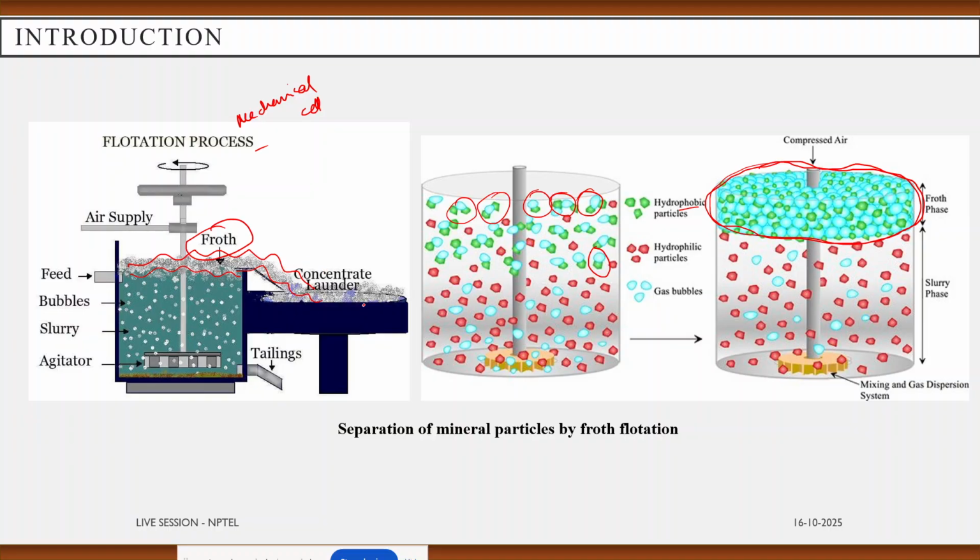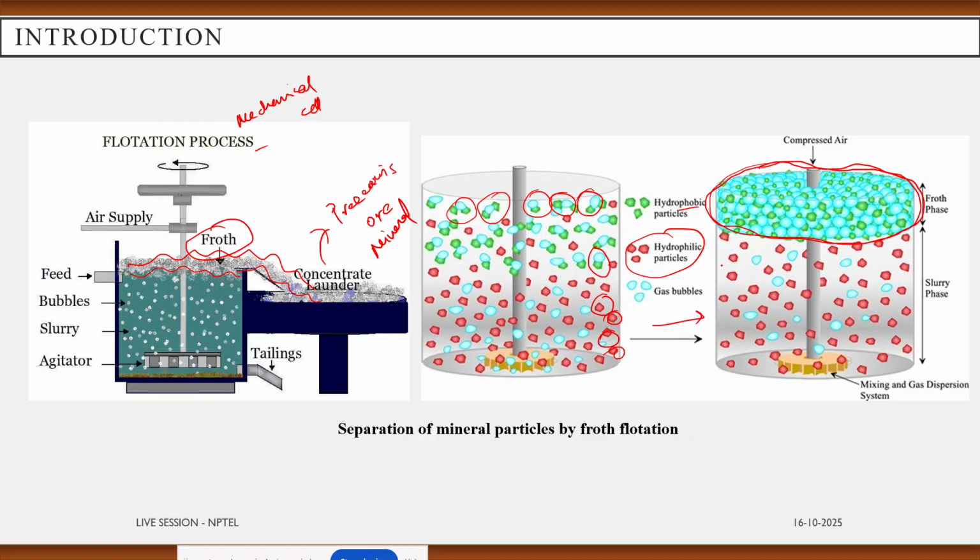So in the whole process, the concentrate will have our precious ore mineral, and the rest of the impurities or other ore which is not of interest will be hydrophilic in nature, so they will remain in the water system or the pulp system.